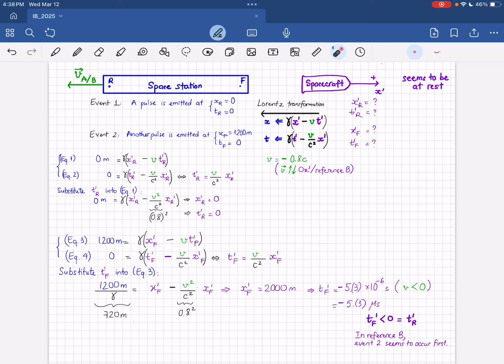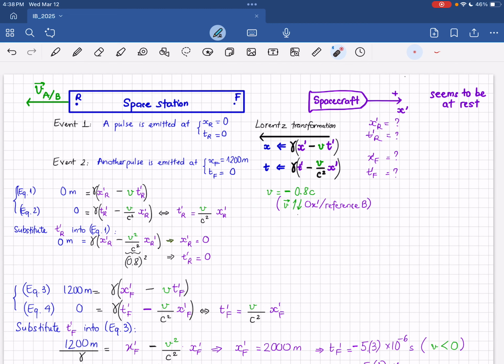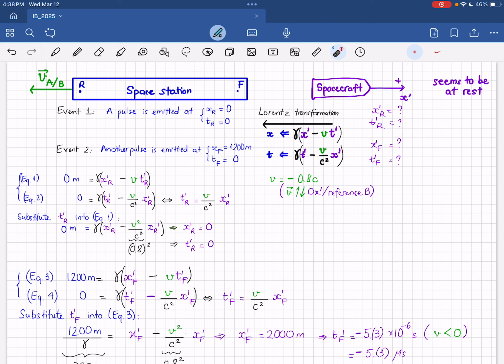Of course, this is not complicated, but it should agree with the result, okay? So basically, compared to the spacecraft, the space station seems to travel in the opposite direction, right? Just like when you're on the train, you see that the trees are moving backward compared to you, while you are moving forward compared to the trees. Okay, this is the same thing.